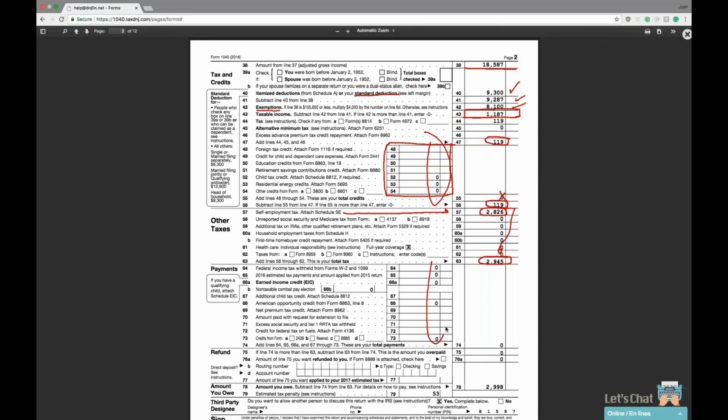And since all of that is 0, and you also have a penalty for not filing quarterly, you actually owe the IRS $2,998. So very, very simple how you can come up with those numbers.